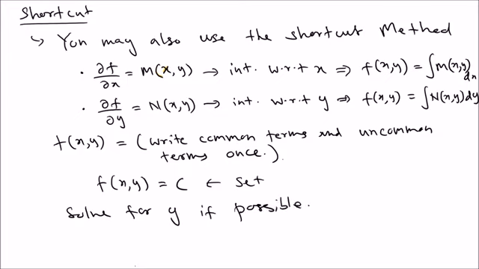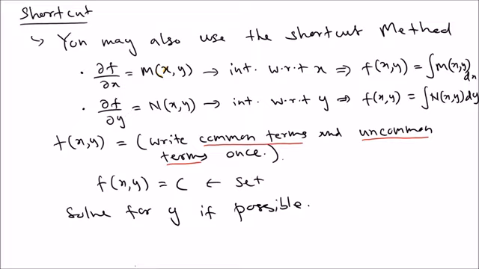Okay, so that's the shortcut. You start with ∂f/∂x, integrate with respect to x. You go with ∂f/∂y, integrate with respect to y, and then you get two expressions. You write the common terms once and the uncommon terms once. That's the function f(x,y). You set this equal to a constant and solve for y if possible.